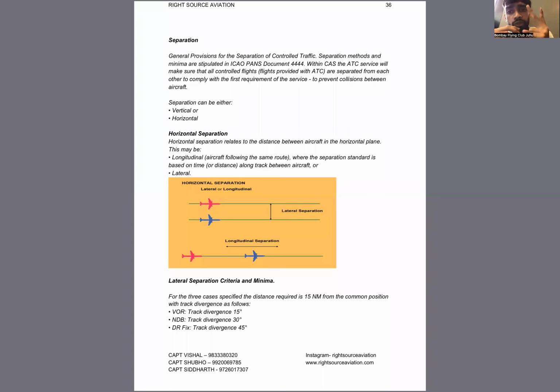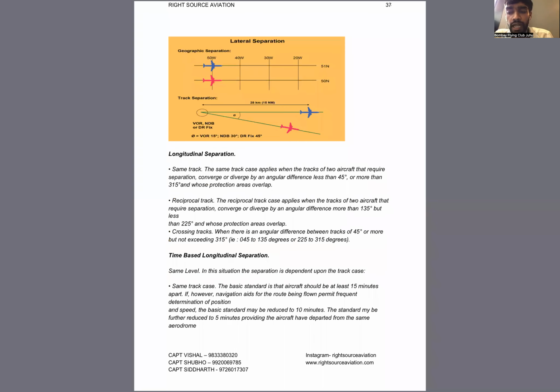Further, if they are using an NDB, then 30 degrees. And if you are flying an aircraft visually, then it is 45 degrees traffic separation. Are you getting this lateral traffic separation, what it is? Any doubt for now on the lateral separation?